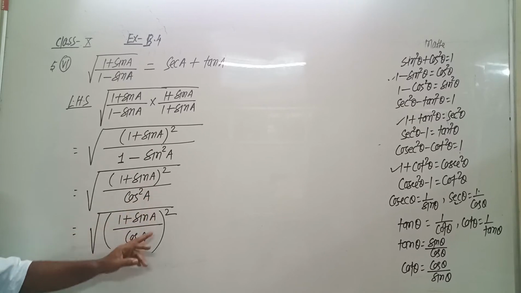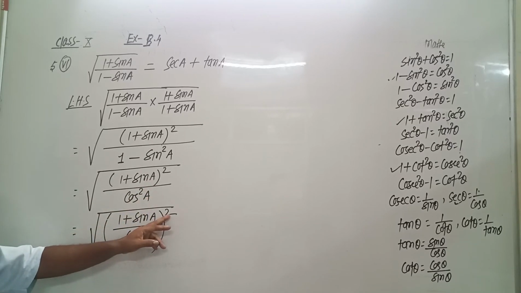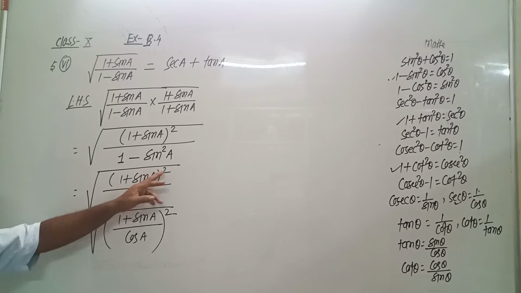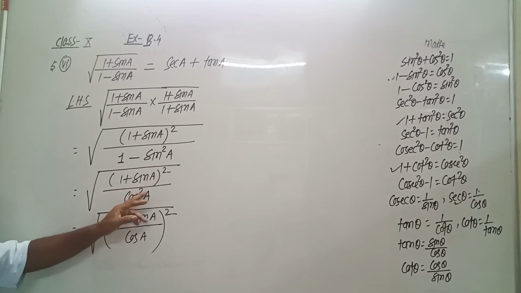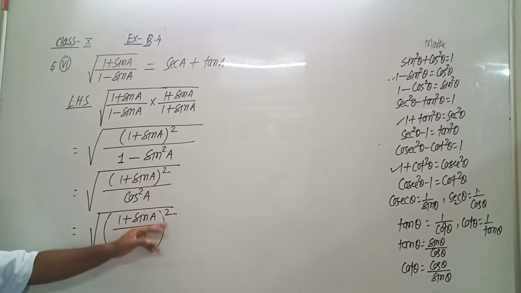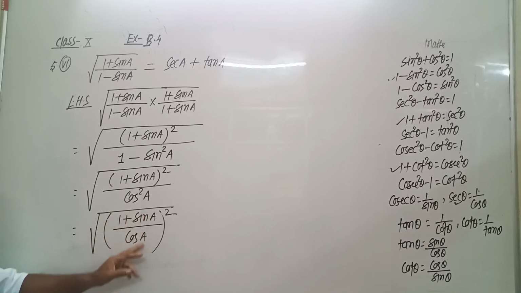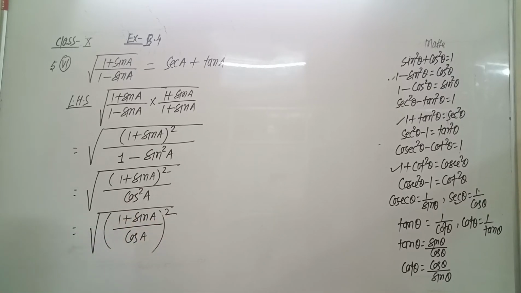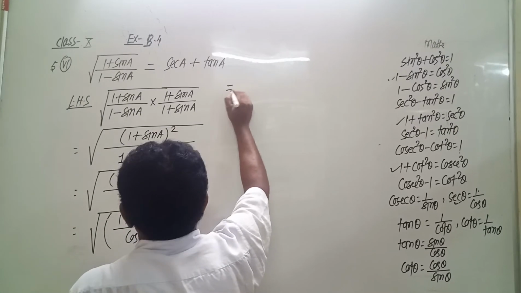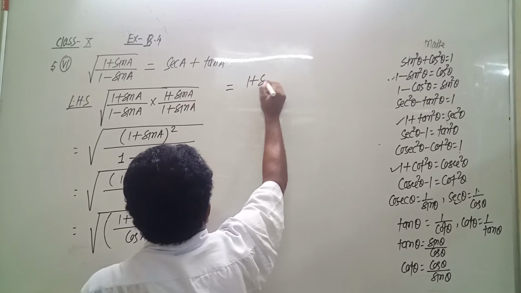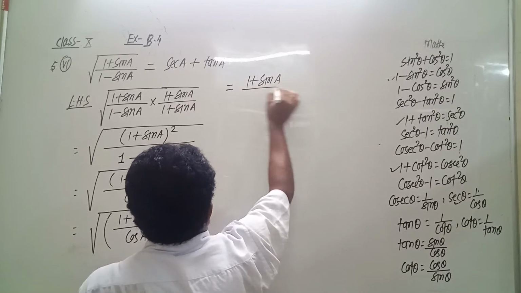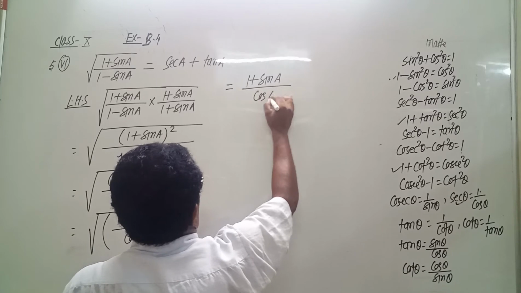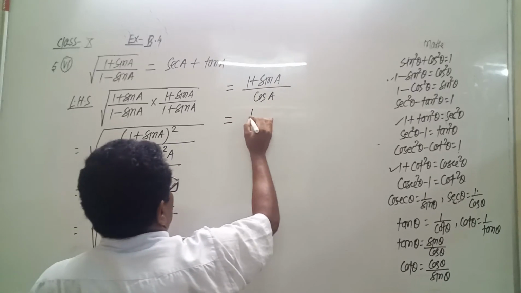Now the square and the square root get cancelled, and it comes 1 plus sine A upon cos A. Then we separate both the terms.